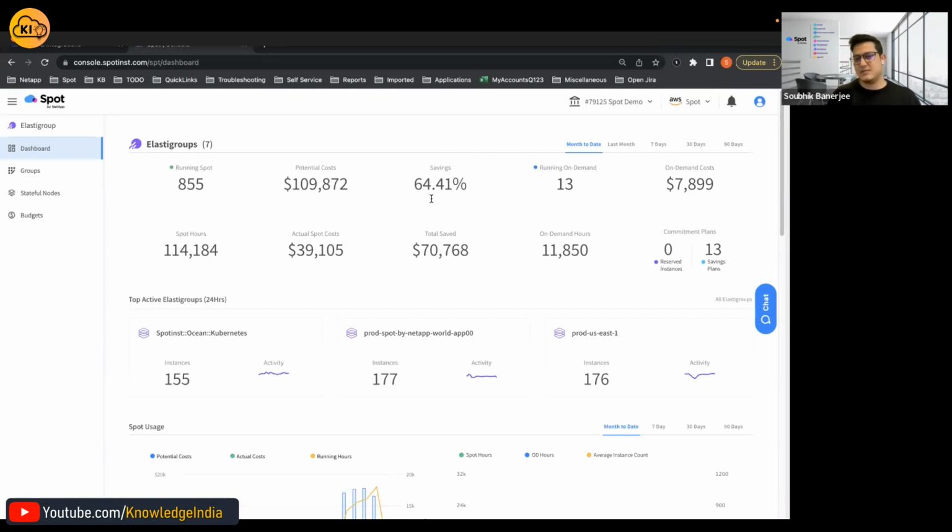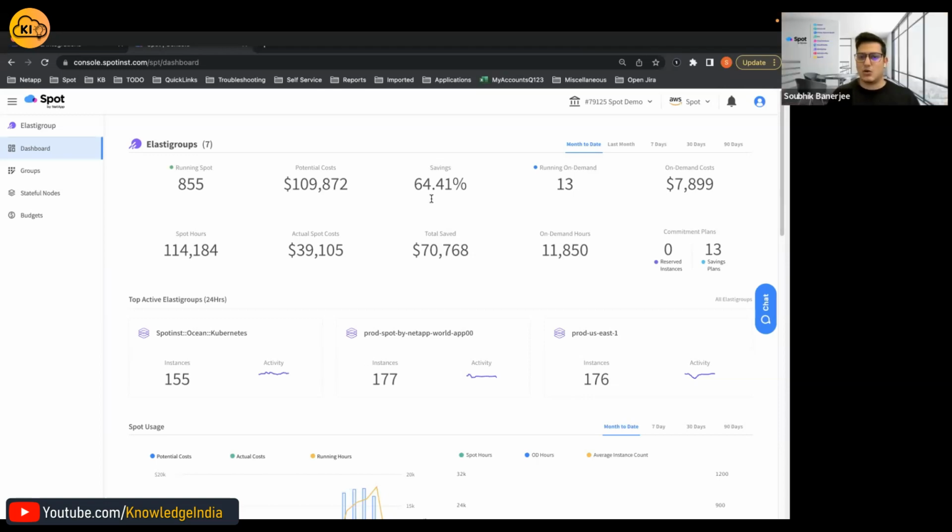Savings is basically your on-demand cost minus Spot cost, right? For example, if I'm running one particular instance for 1 hour on demand, which costs $10, and the same instance running for 1 hour on Spot costs $1, your savings is $10 minus $1, that is $9. Which translates to 90%, in the example.